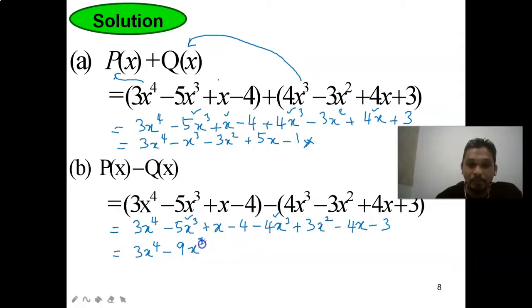Then there is no x squared in the first part, p(x), so there is only the one, equal to plus 3x squared. Then x and negative 4x, so x minus 4x is negative 3x. And negative 4 minus 3 is negative 7. There you go.